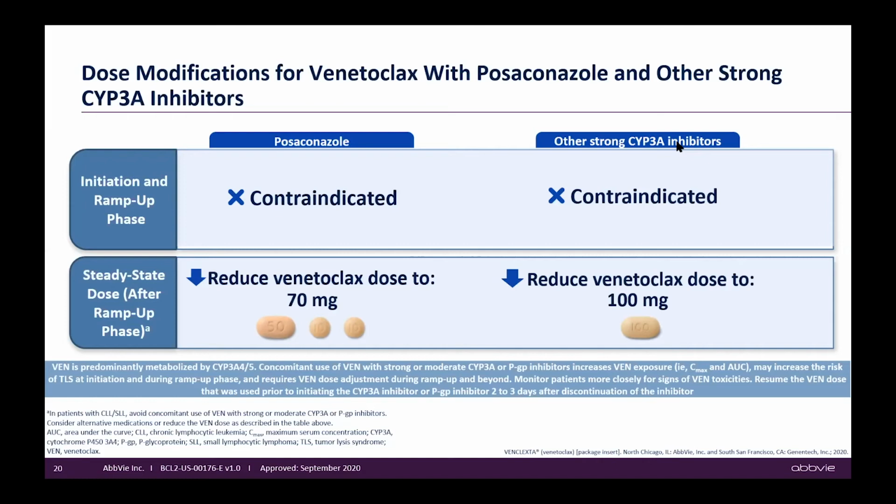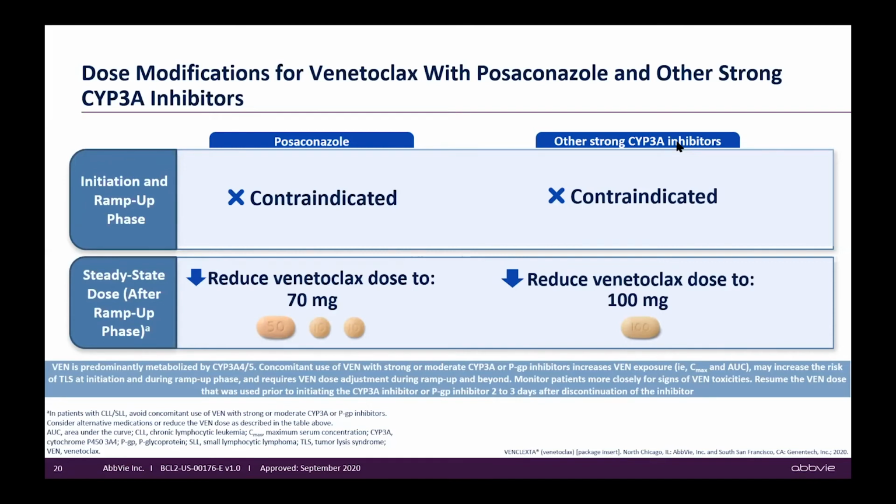So if someone was at a target dose of 400, you would drop that down to 100. Given data submitted to the FDA related to the PK and safety of the combination of posaconazole and venetoclax in patients with AML, there was an update where now the recommended dose of venetoclax at the target dose level of 400 milligrams is now 70 milligrams.